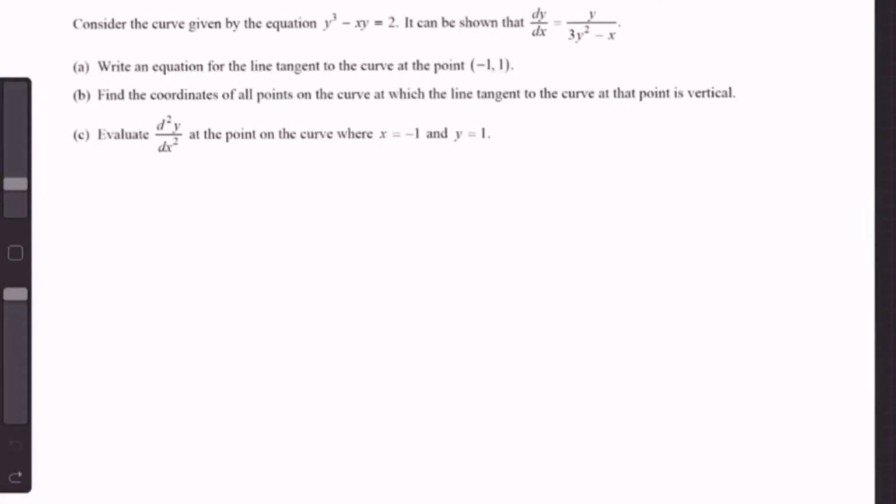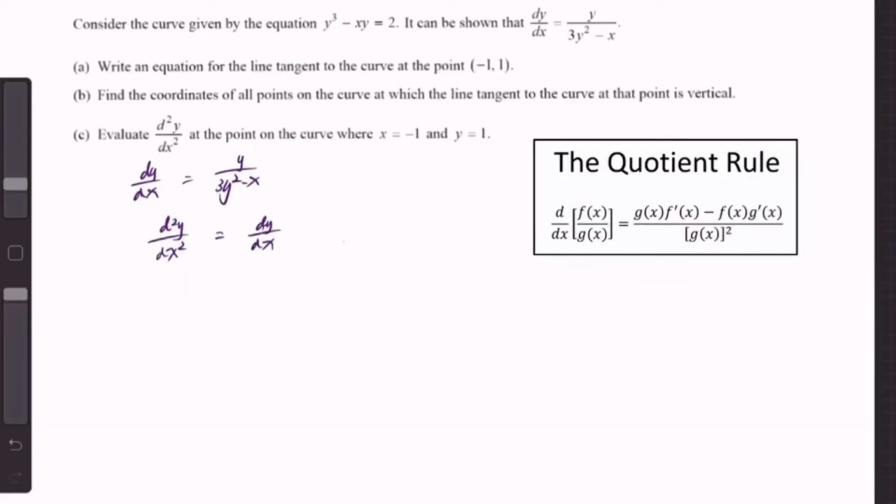Now, let's look at part C. Finding the second derivative is just like finding the first derivative. First, we take the derivative of both sides of the equation. On the left side, the derivative of the first derivative is just the second derivative. Notice on the right side, we need to use the quotient rule. By using the quotient rule, we get the following equation.